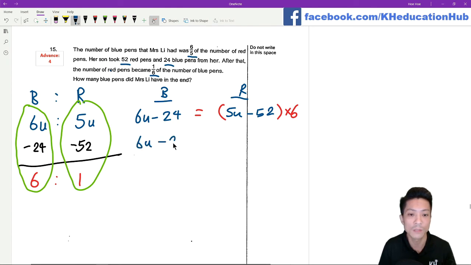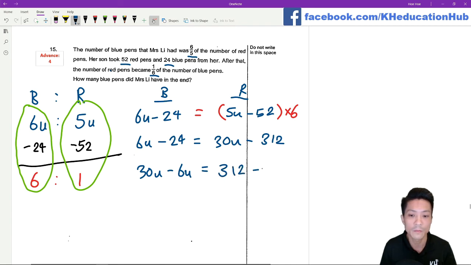So 6 units minus 24 will be equal to 30 units minus 312. The next step would be 30 units minus 6 units will be equal to 312 minus 24.